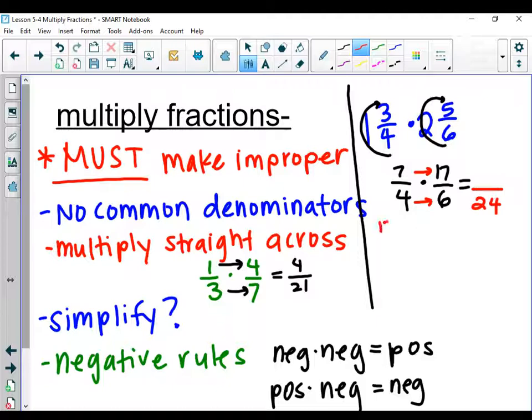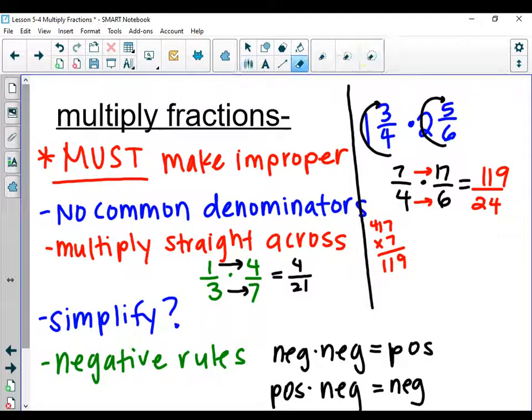I'm going to need a side problem for 17 times 7. Again, no one is ordering 119/24 of something. So I have to figure out how many 24s fit into 119.